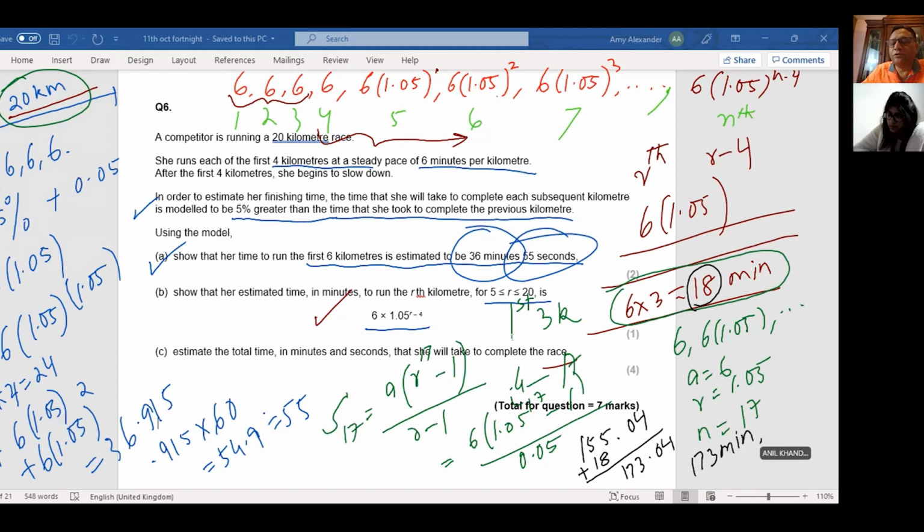And 0.04 times 60 is 2.5 seconds. Okay, so write 3 seconds. Round down.